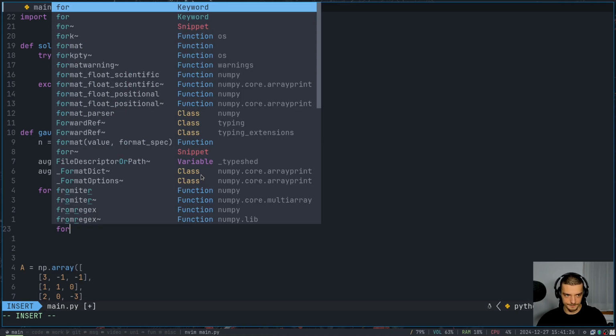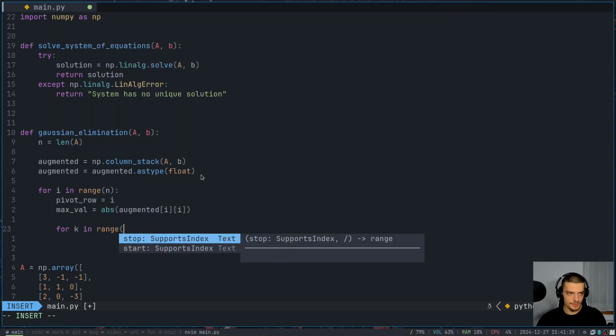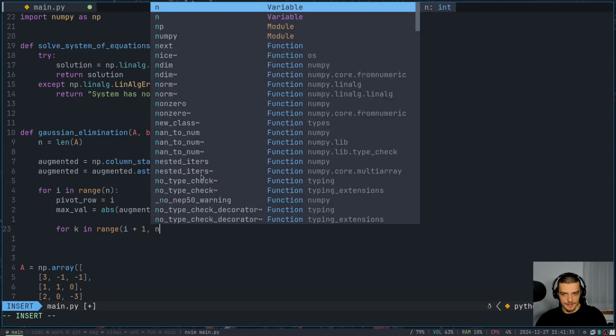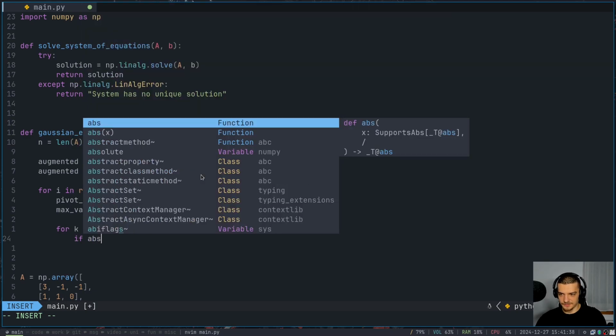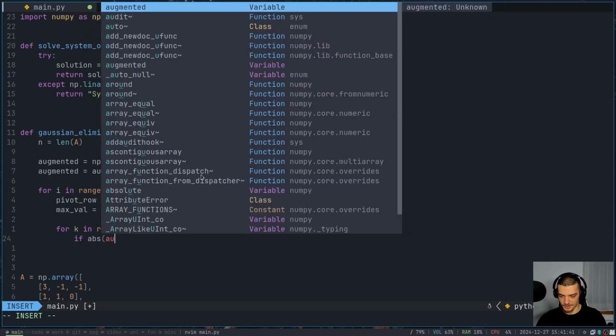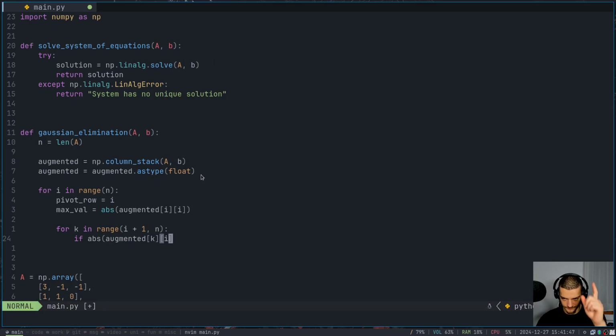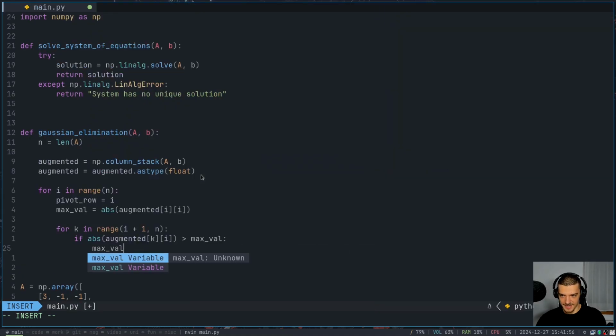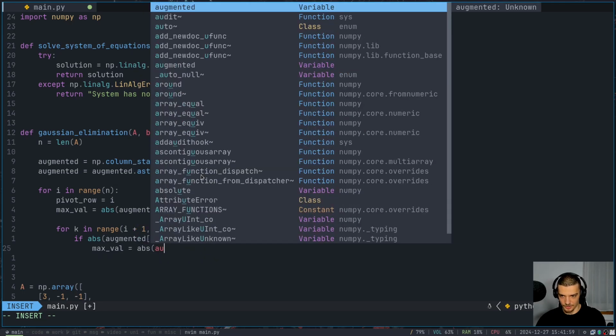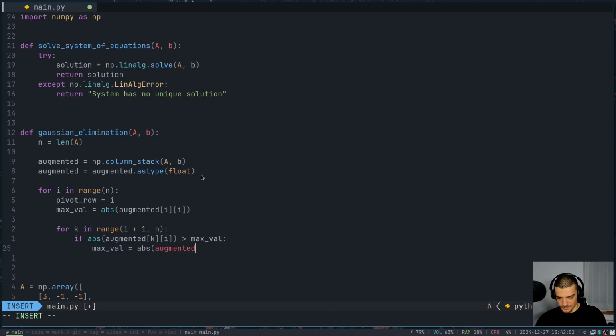So we say for k in range i plus 1, because I don't need to consider myself, up until n. And we're going to say if the absolute value of the element in this row, so augmented k, i, because we're looking for the first column, then the second column, then the third column, is larger than the max value, we're going to say that the max value is equal to that augmented matrix k, i value.